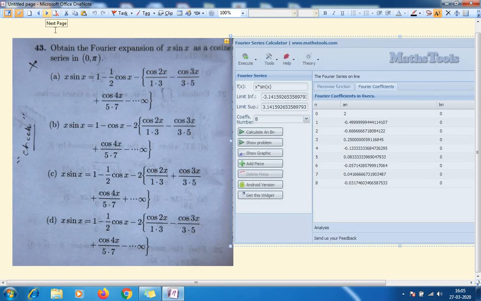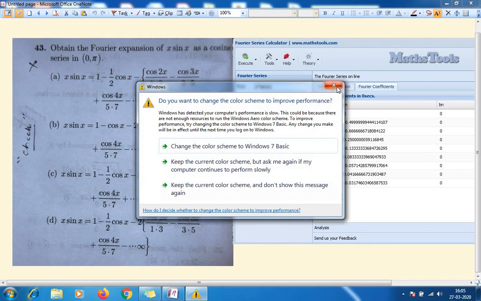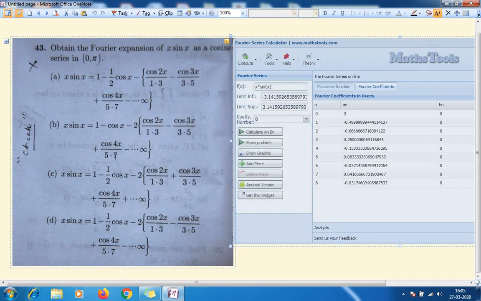Now actually this was the question which I went through, and unfortunately none of the options are correct. None of the options were correct because they were not matching with the software calculations. Only the first harmonic cosine term and the second harmonic cosine term were matching.